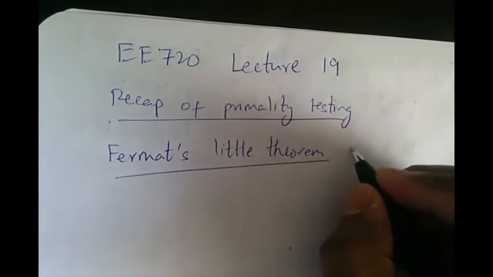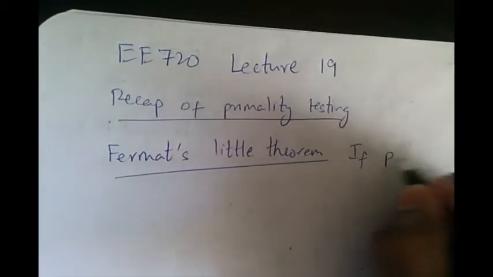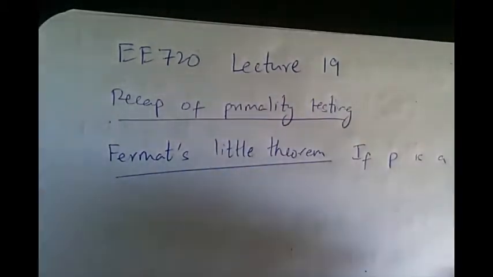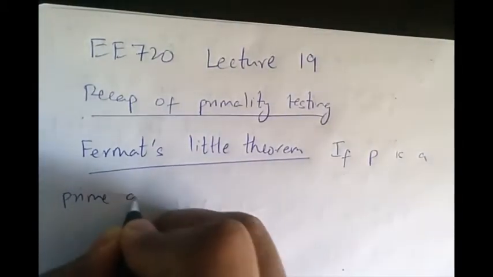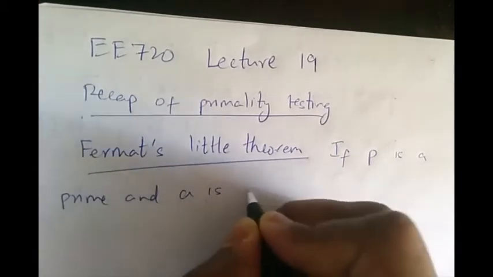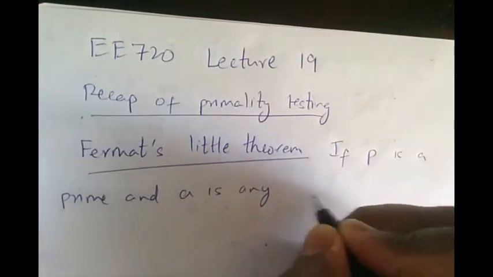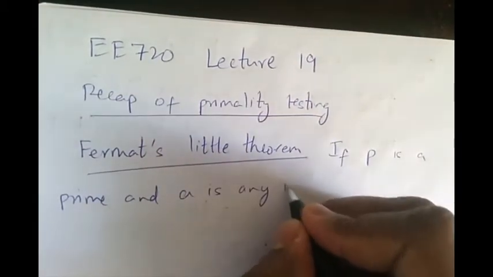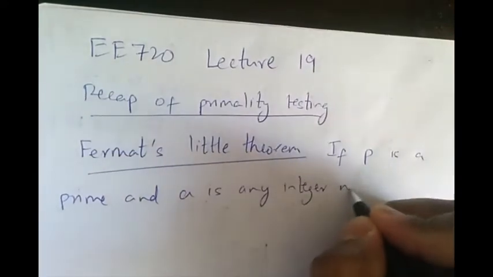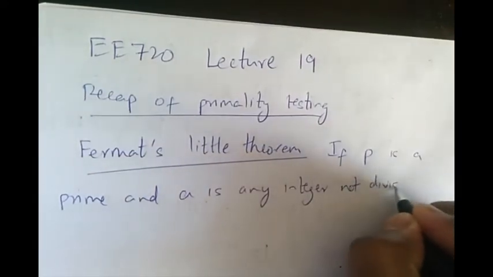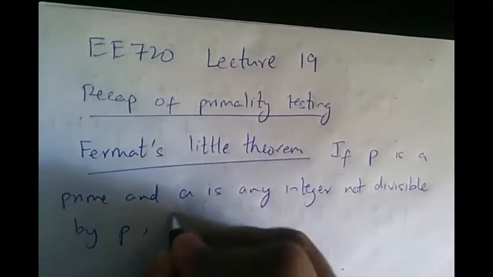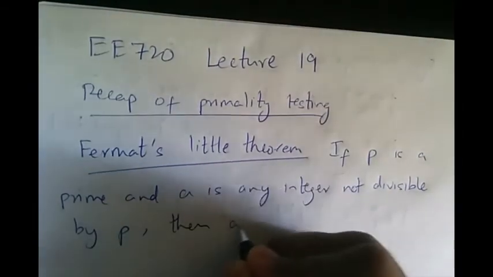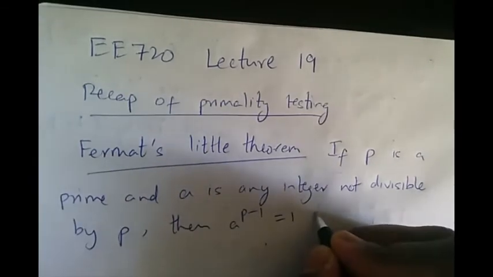It says that if P is a prime, and A is any integer not divisible by P, then A raised to P minus 1 should be equal to 1 mod P.